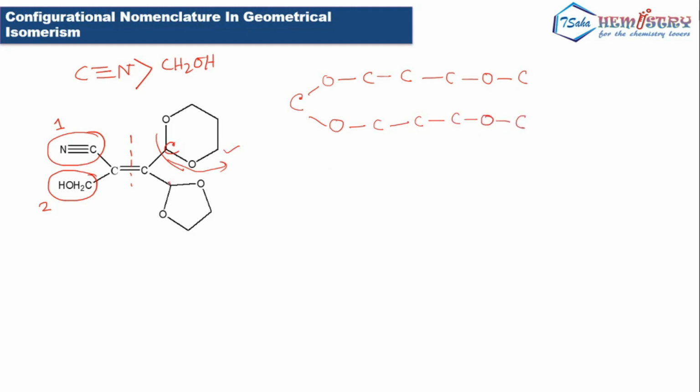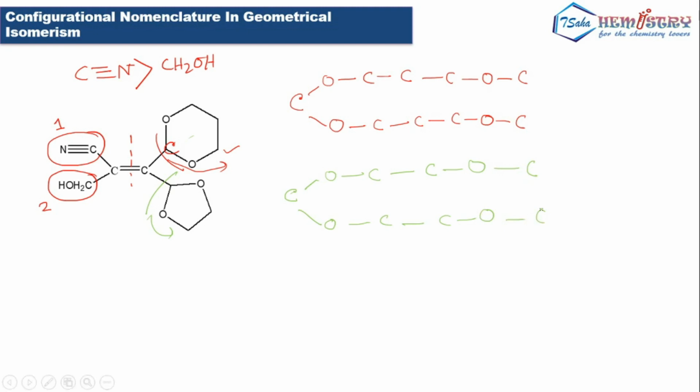Now talking about this particular structure, after carbon you have oxygen, then carbon, then carbon, then oxygen. Similarly, if you move in this direction, after oxygen you have carbon, then carbon, then oxygen, and after oxygen you have carbon again.